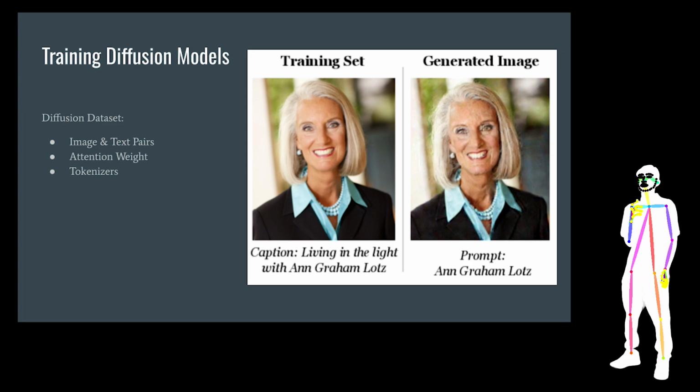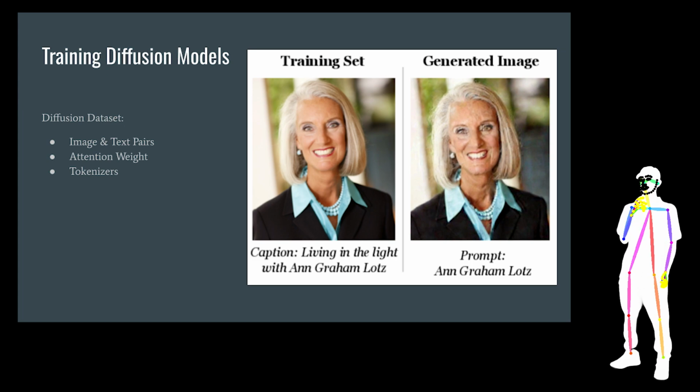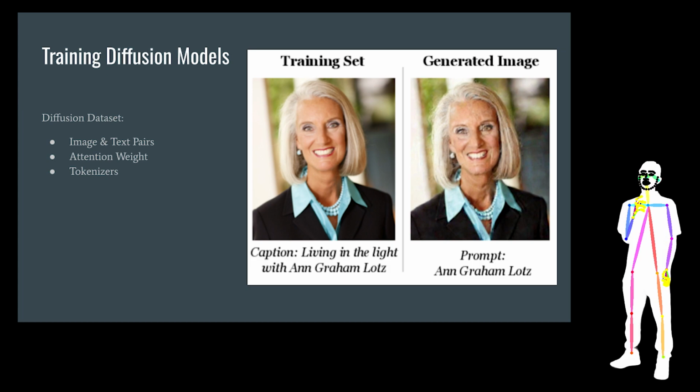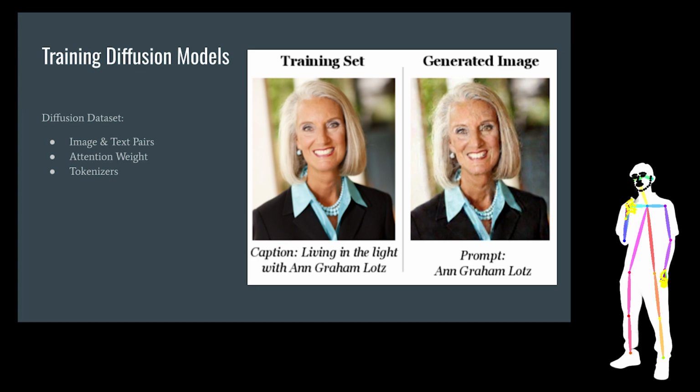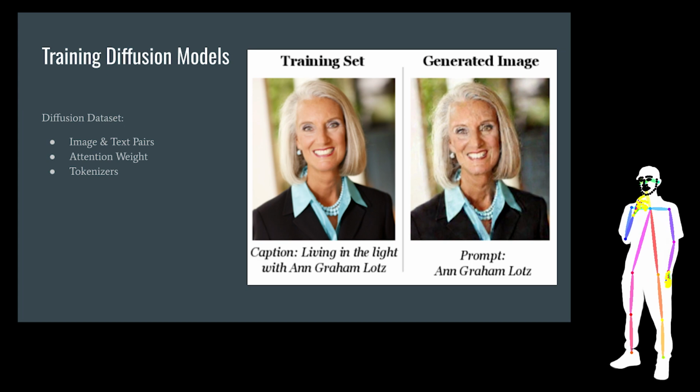So all diffusion data sets are images with text pairs, so a text file and an image. The text file will describe what the image is. Now, as you can see here, the image in the training set was a photo of this lady, Anne Graham Lotz. And you can see the generated image resembles her, and you could say it's recognizable, but it's actually a very low quality image.